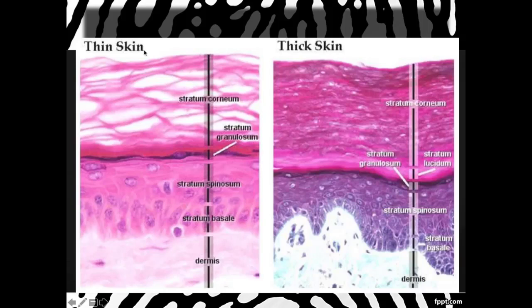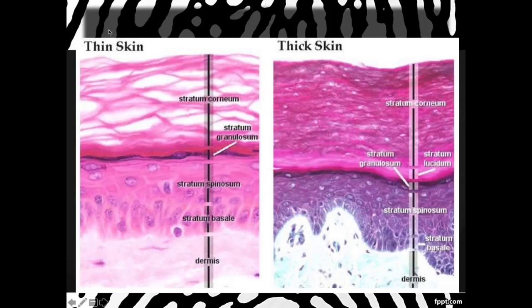You can see the difference between thin skin and thick skin. So the skin is categorized into these two types as a reflection of thickness of the epidermis. It's kind of a misnomer, because this categorization reflects only the thickness of the epidermis, not the whole skin itself.